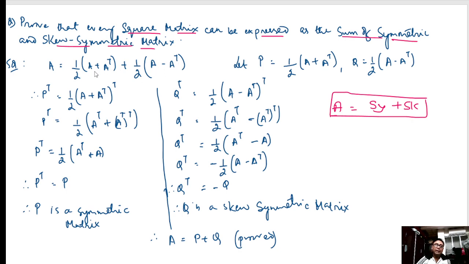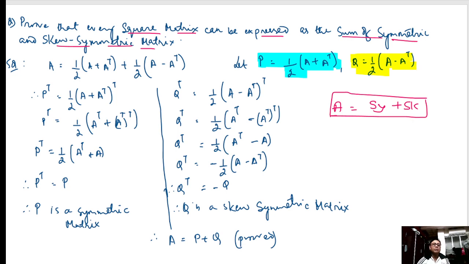See, half A transpose and minus half A transpose will cancel, and half A plus half A will give you A. So we can write A in this format. Let us name the first matrix as P, and let us name the second matrix as Q.